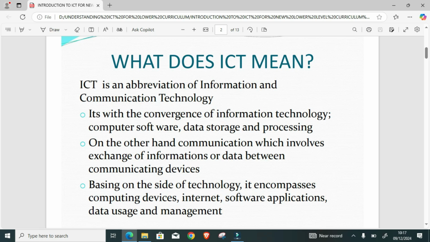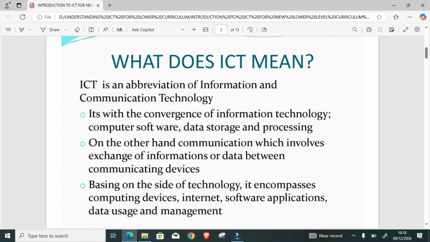A question comes here: what does ICT mean? I remember using the word ICT so much yesterday, and I realized after some time that I was using the abbreviation so much, but later I worked upon it. So ICT simply means information and communication technology.